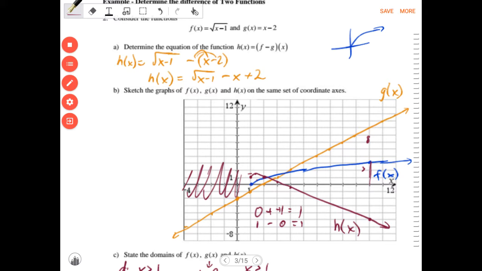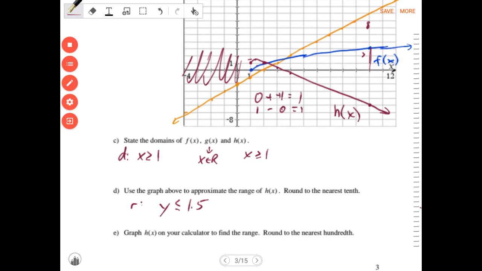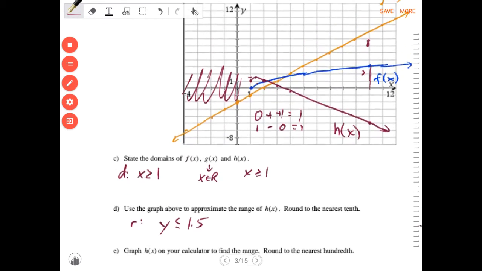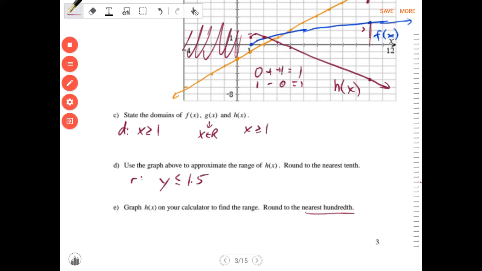And when we do that, we actually get a maximum point of 1.25 and 1.25. Wow, it's neat that it's symmetrical like that. But regardless, we want the range, so that's the y coordinate. To the nearest hundredth, that is y is less than or equal to 1.25.